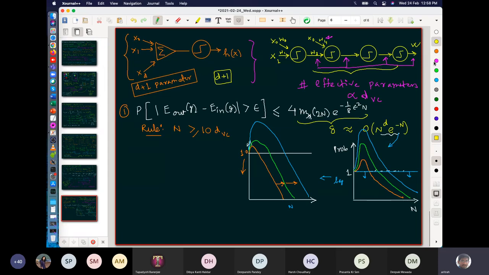The other thing is, looking at this, I can reconstruct the equation. See here, this is the probability of something bad happening. So how well am I generalizing? It is nothing but the probability of E out minus E in less than epsilon, which is basically 1 minus the probability of E out minus E in greater than epsilon.